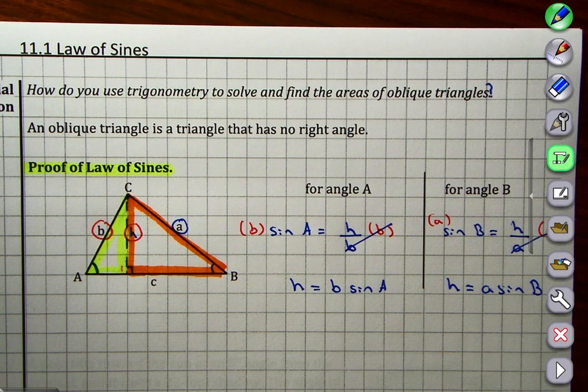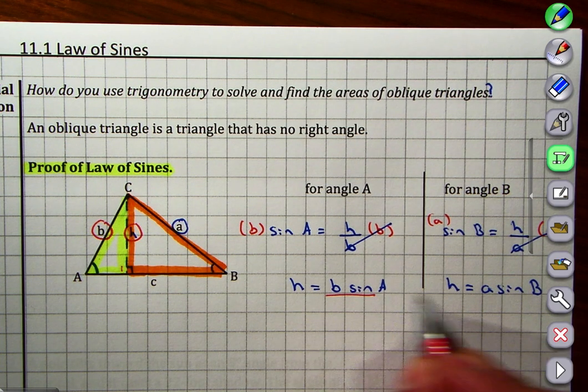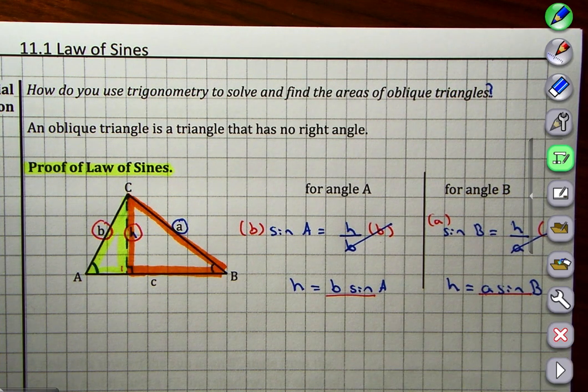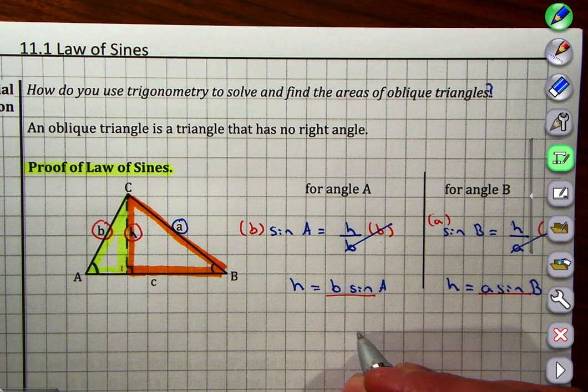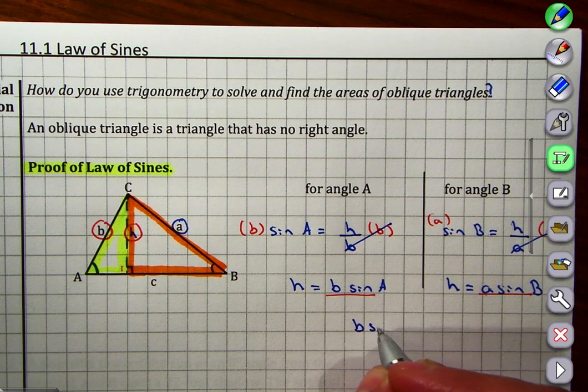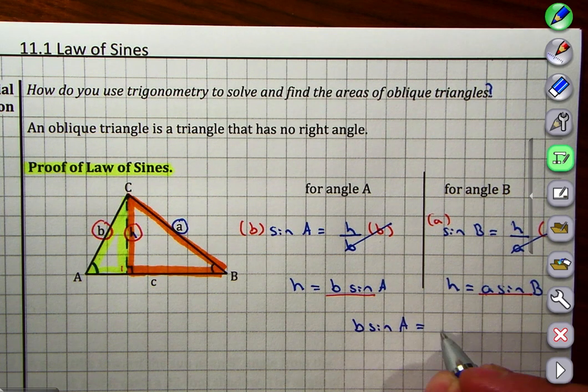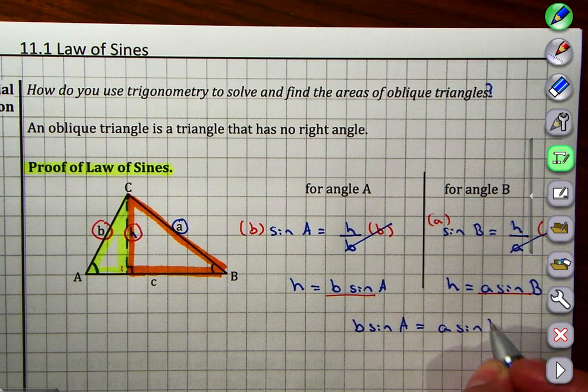So now, since they both are equal to h, they must be equal to each other. So we can say b sine of A must be equal to a sine of B, since they both are equal to h.